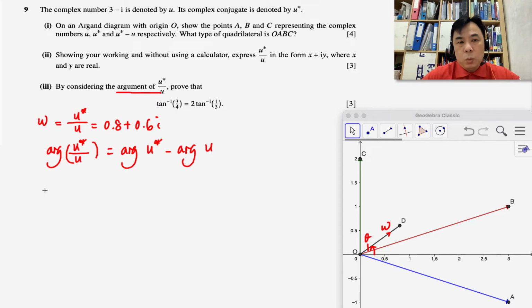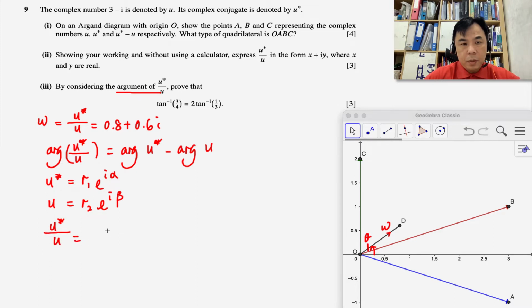We know that u star, or the complex conjugate, can be represented using Euler form. It has a magnitude of R1 and an argument, let's call it alpha, whereby the complex number u can also be represented using its own magnitude and its own argument. When we take the ratio, that would be R1 e^(i alpha) over R2 e^(i beta).